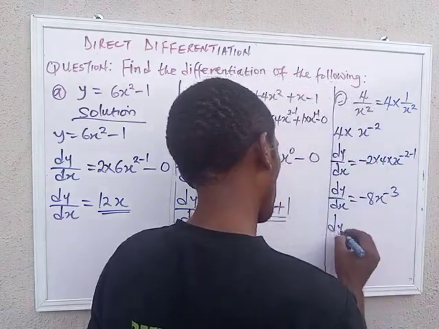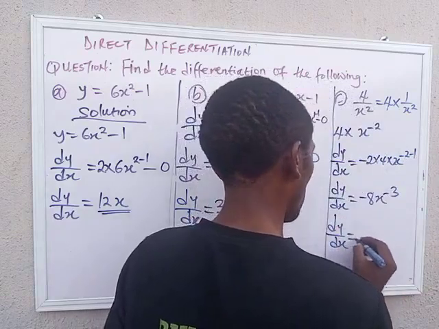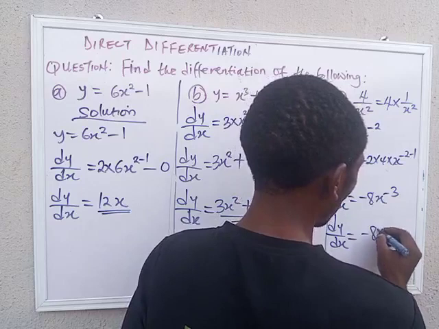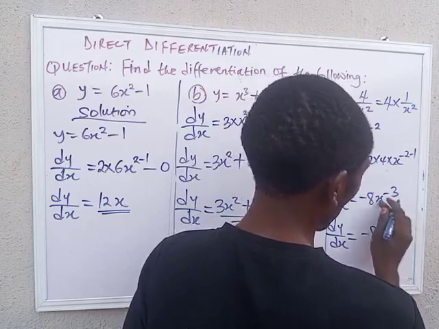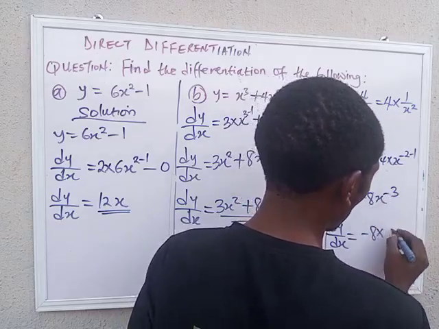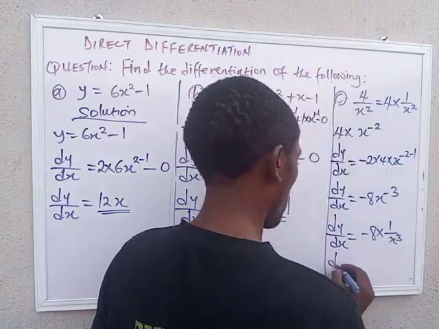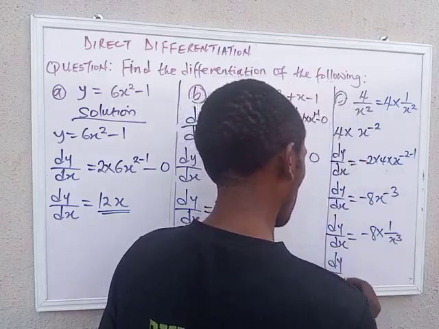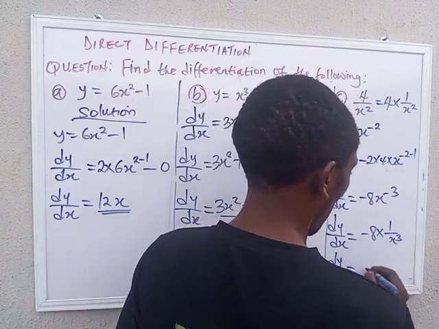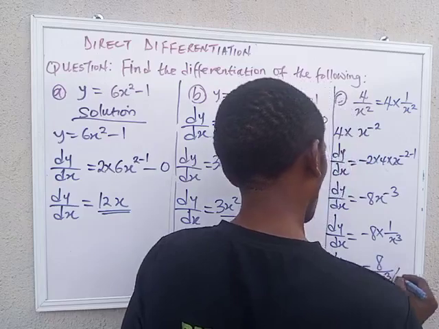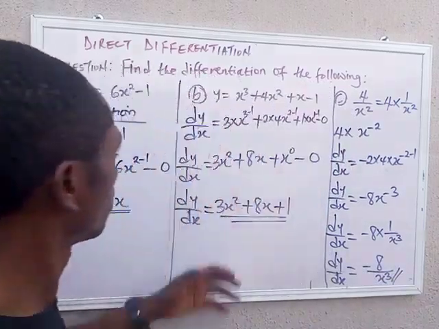So we can have our answer as dy dx is equal to minus 8 times x raised to the power of minus 3, same thing as 1 over x raised to the power of 3. So we can simply say dy dx is the same thing as minus 8 over x cubed. This is the solution to this question.